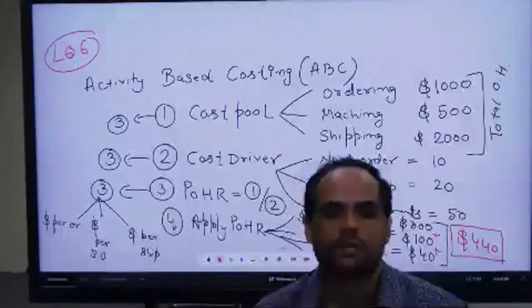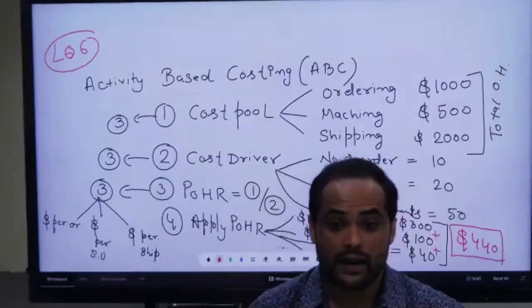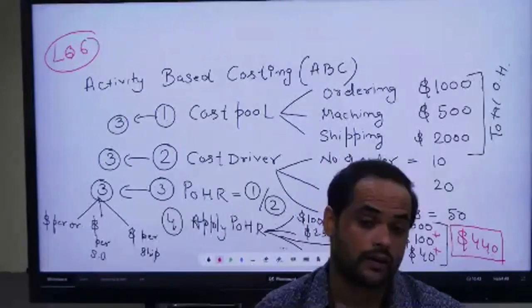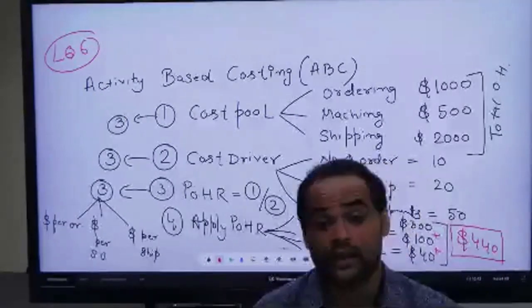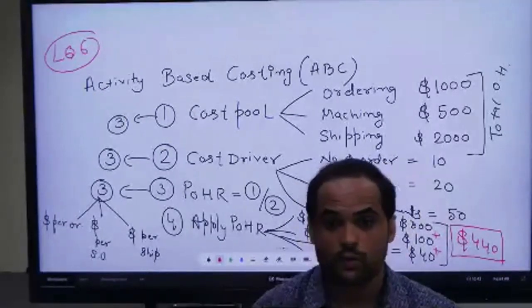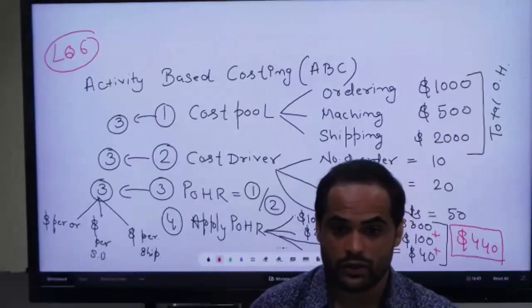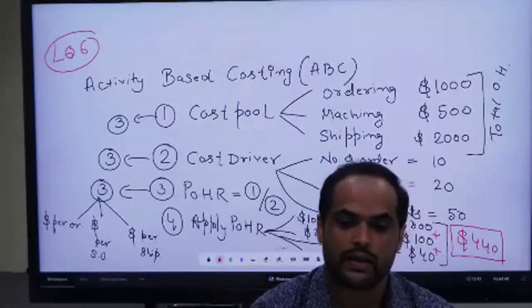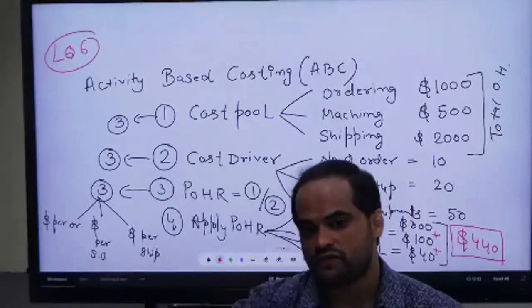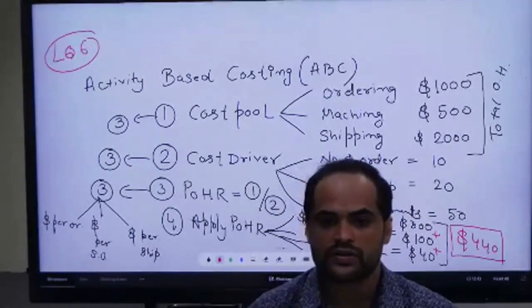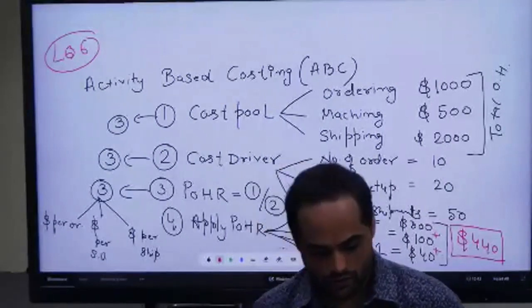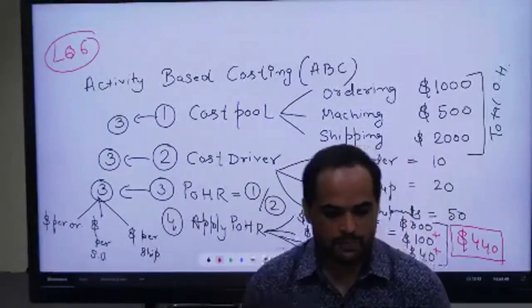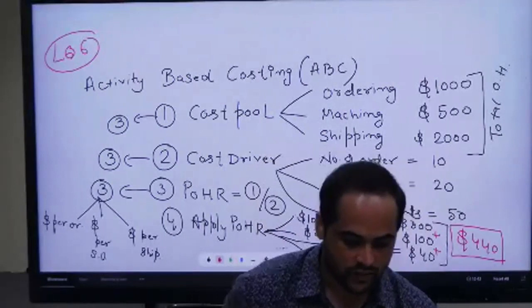Because it's easy to apply, less time-consuming, and cost-effective for small companies, as they cannot afford the cost of the accountant to produce the product. So those are the ideas behind activity-based costing and traditional costing.